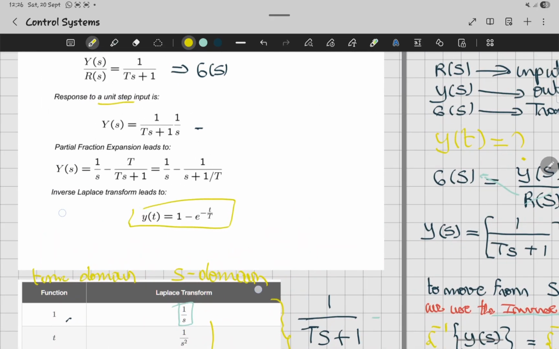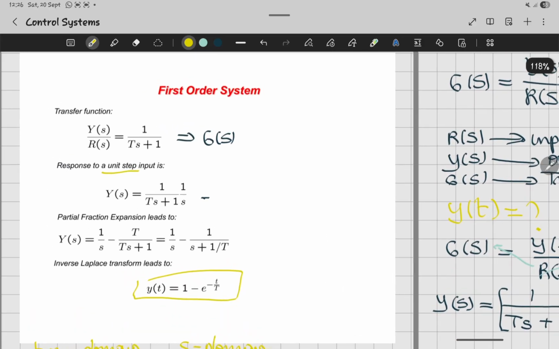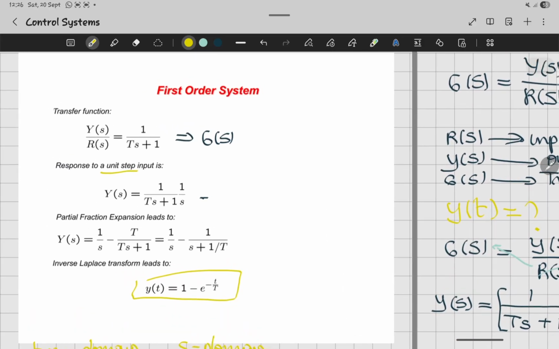Okay, and in summary, this is what we had before. You look for the transfer function, you replace your unit step, and then you get this form, and then you apply the partial fraction because this form is not in the Laplace table. Then once you get that, you can take the inverse Laplace.